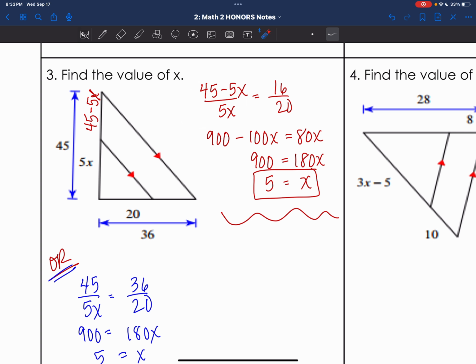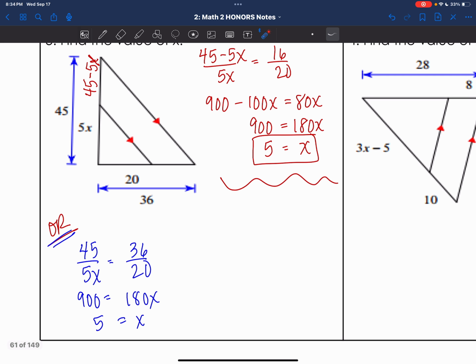Since we started with this one, I have to start with this one, because that's the 16 that goes with it, right? 36 minus 20. So I'm going to go 16 over 20, which is your proportion here. Cross multiply, but remember, this is in parentheses, so the 20 is going to everything. And you'll get that, solve for x, x equals 5. That's one way to do it.